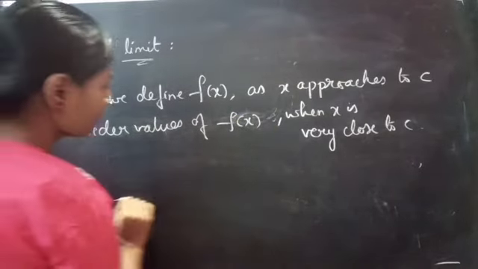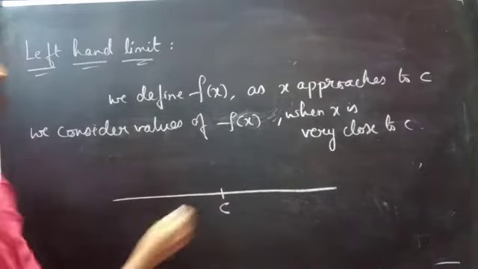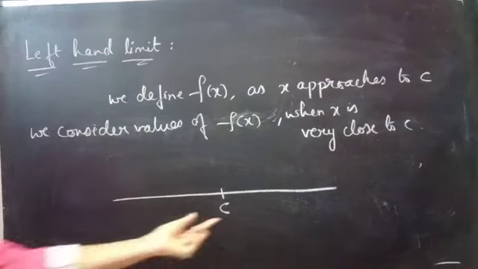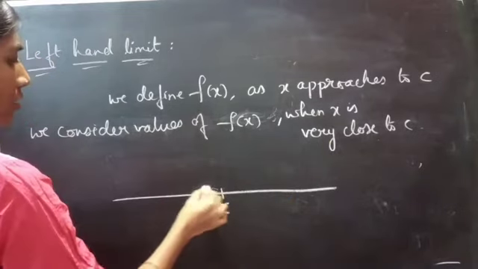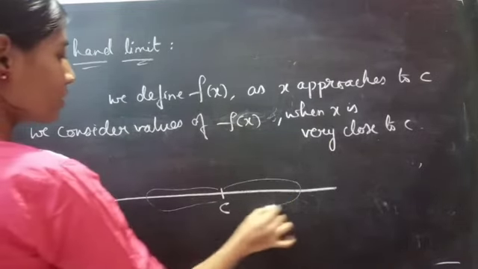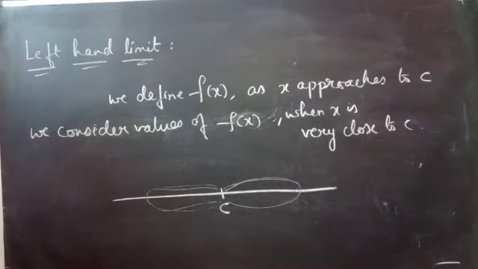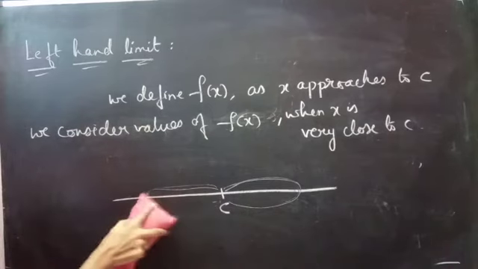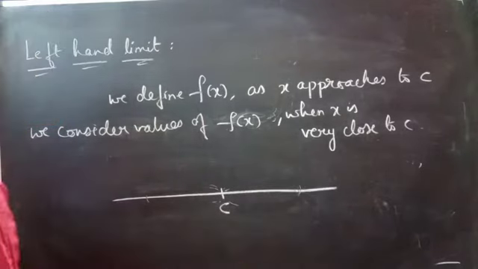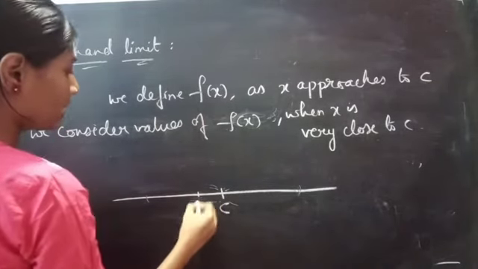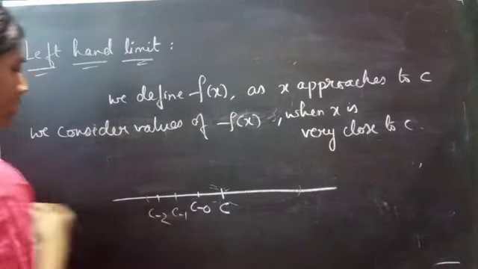What does it mean? Suppose consider a real line. Let this be a point C, or number C. The numbers which exist on the left side of C and right side of C are very close to C. The numbers on the left side of C, let it be C minus 0, C minus 1, C minus 2 and so on.